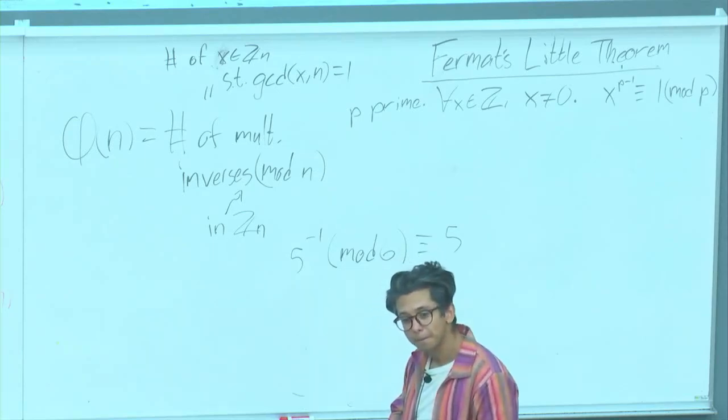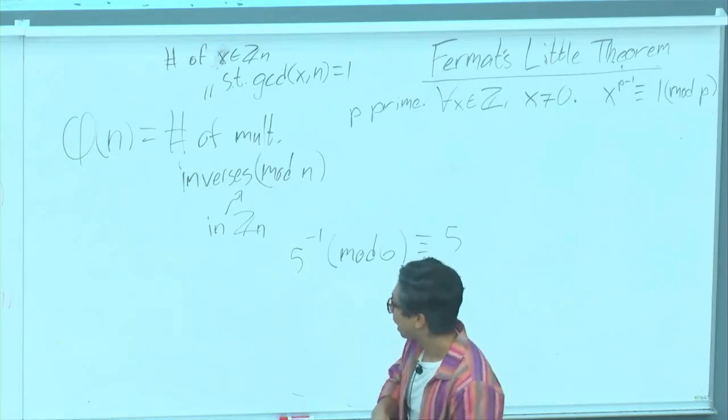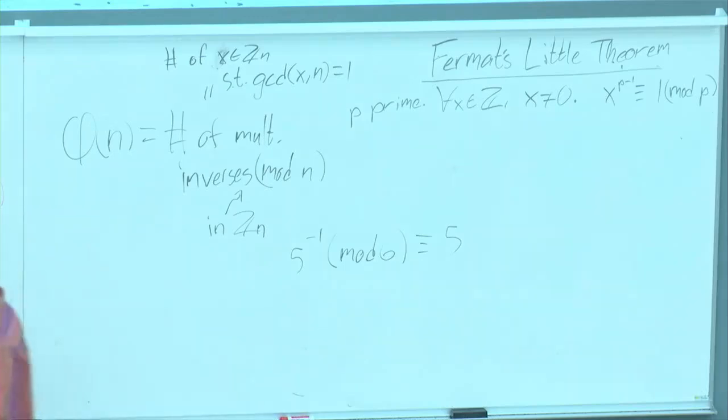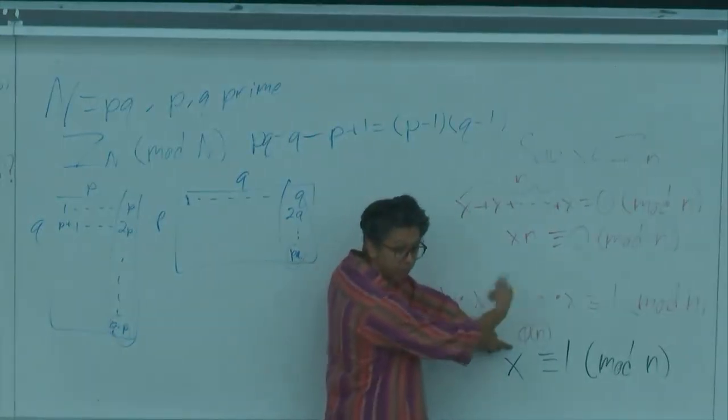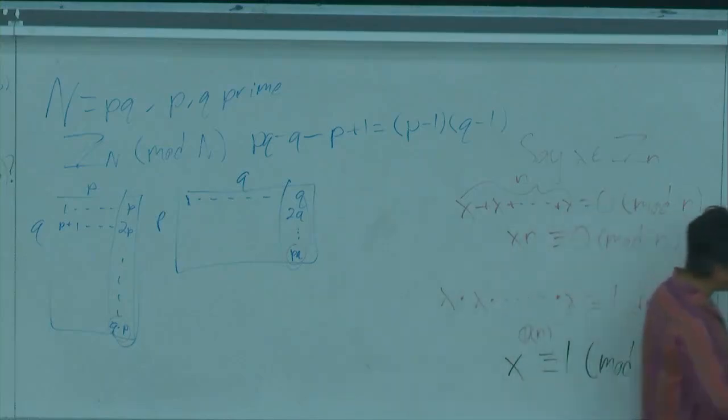I didn't really understand what you wrote over there. Are you saying if you multiply x by phi of n, you get 1 mod n? I'm saying the exponent: x to the phi of n. If you multiply x by itself phi of n times, you get 1. This is a little abstract, so let's make it more concrete.